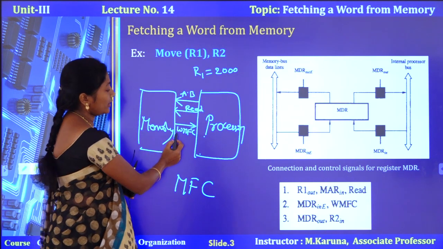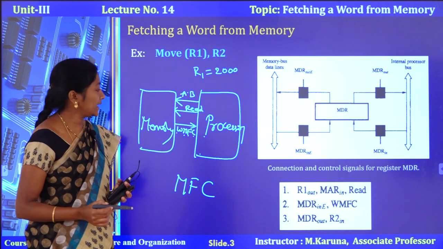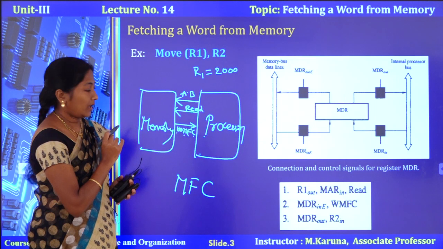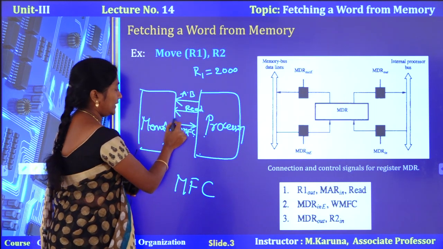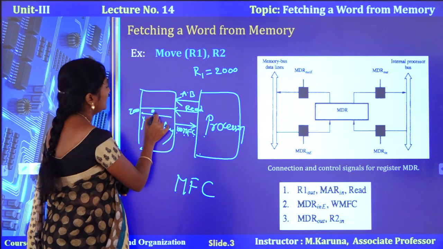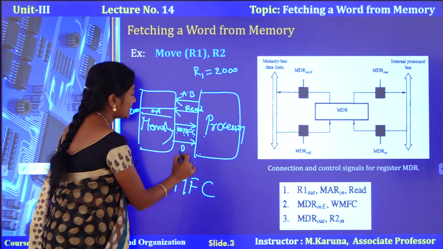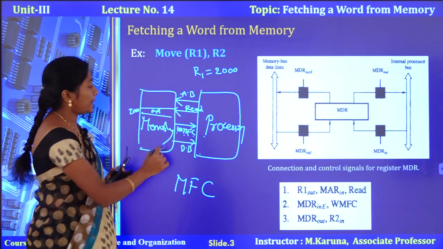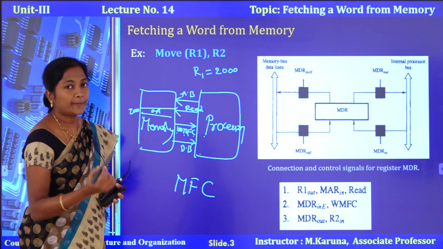Whenever memory places the data available at address 2000 on the data bus, then memory issues the memory function complete signal to the processor.